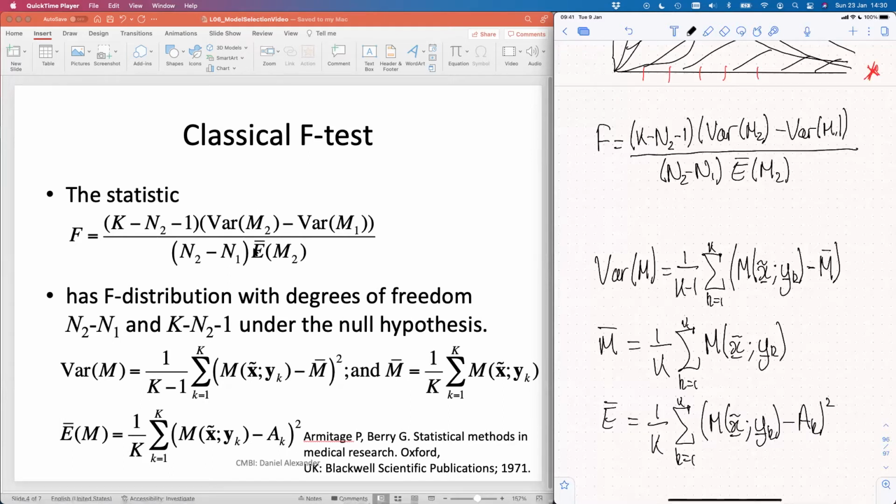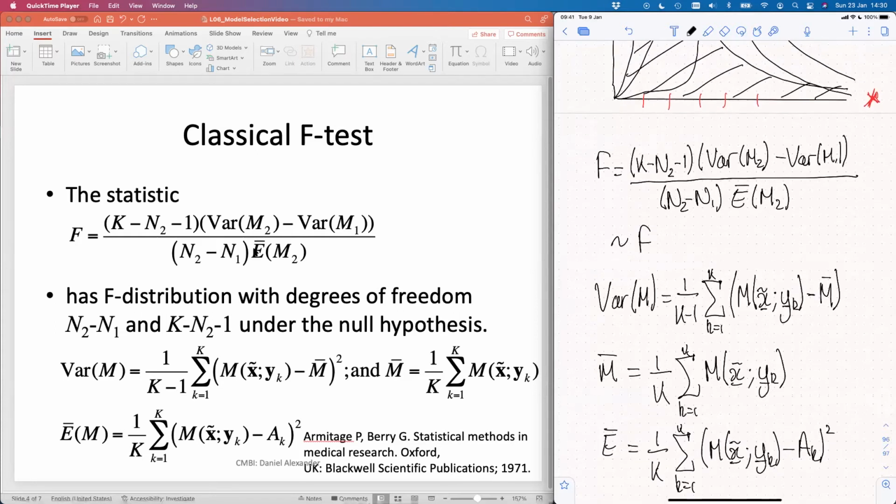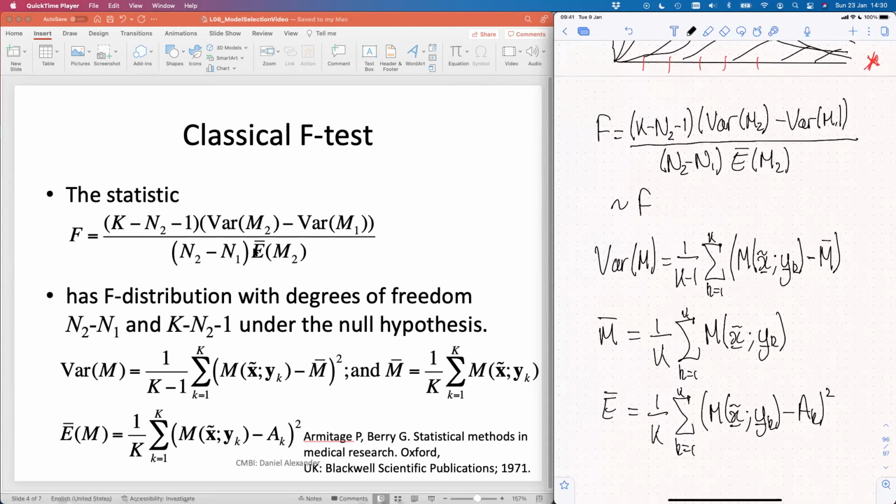So under our null hypothesis, this statistic F follows an F distribution with degrees of freedom N2 minus N1 and K minus N2 minus 1.